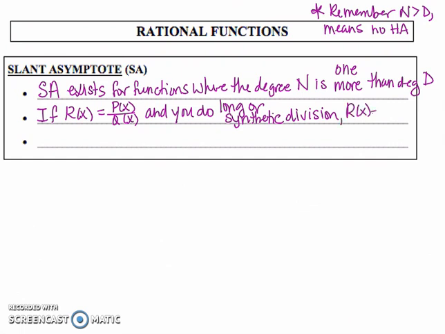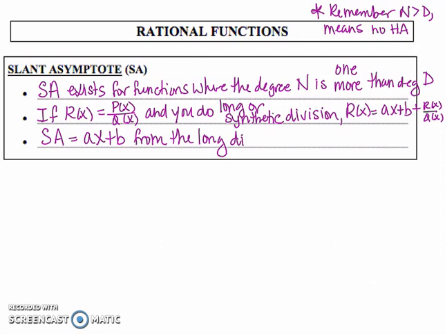Then r of x is going to be equal to ax plus b plus your remainder. Okay? And so your slant asymptote is going to be equal to the ax plus b part from the long division.